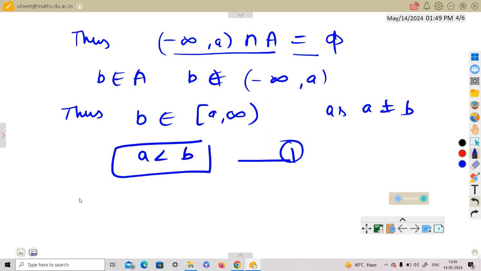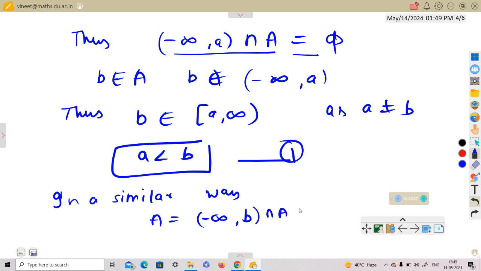In a similar way, we can write A as (minus infinity to b) intersection A, union (b to infinity) intersection A. And by the same process we can show that b is less than a.